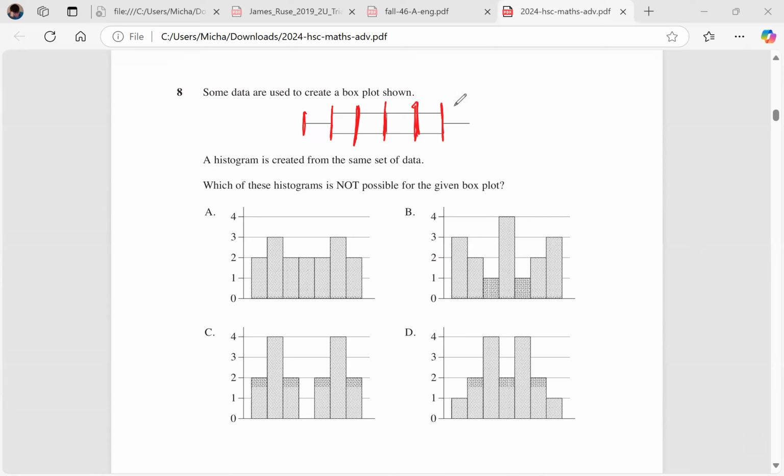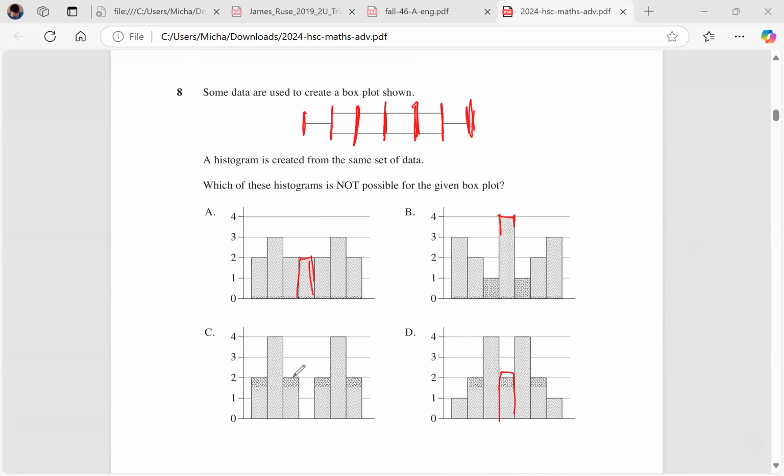So this is kind of to scale. Yeah, so in all of these, this is the median, it's in the middle.